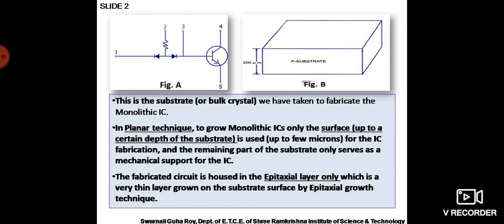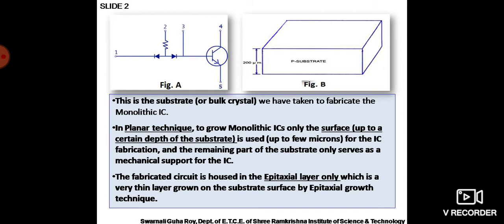You can see the third point: the fabricated IC will be housed, that is, within that region, in the epitaxial layer only, which is a very thin layer grown on the substrate surface by the epitaxial growth technique.